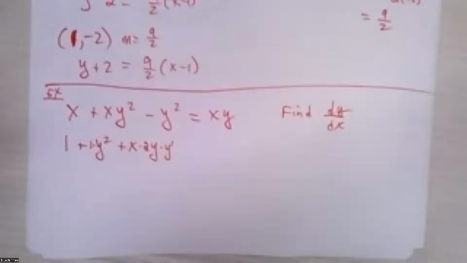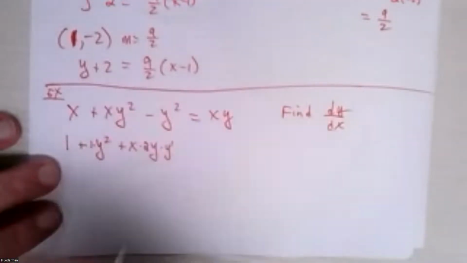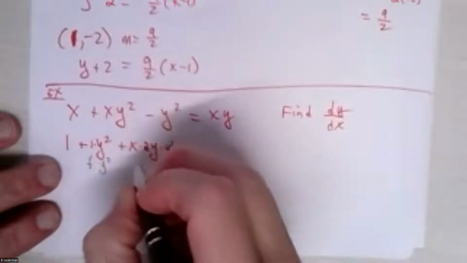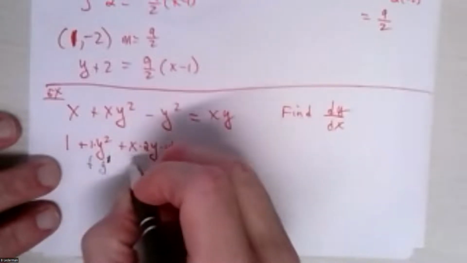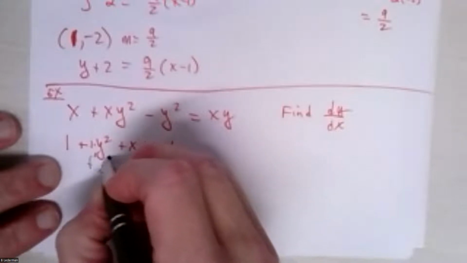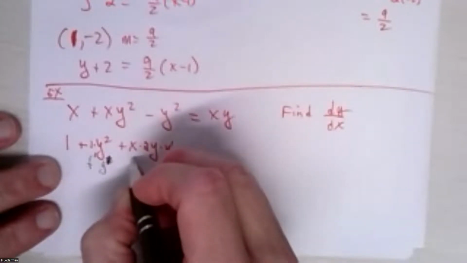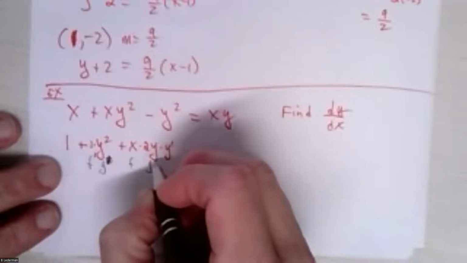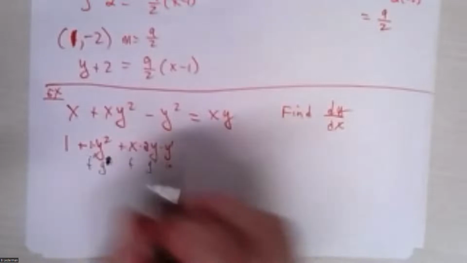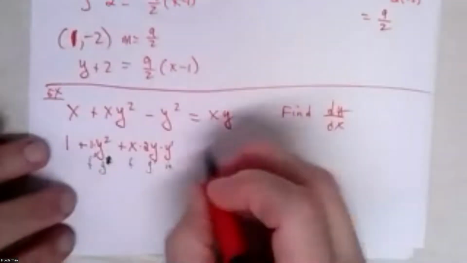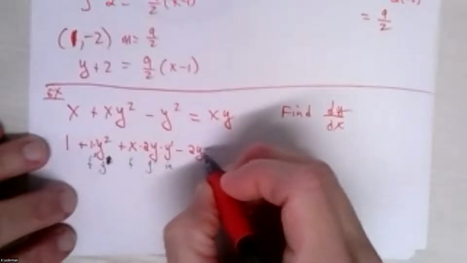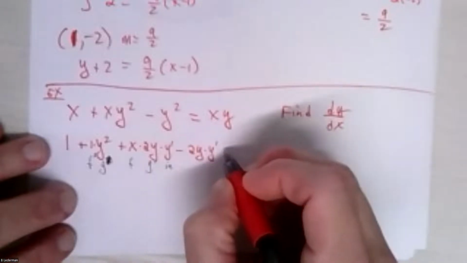Just to label everything, this is my f prime, that's my g, and that's my f, and that's my g prime, and that's my inner, because y is a function of x. Now minus the derivative of y squared, which is 2y times the inner derivative, which is y prime.